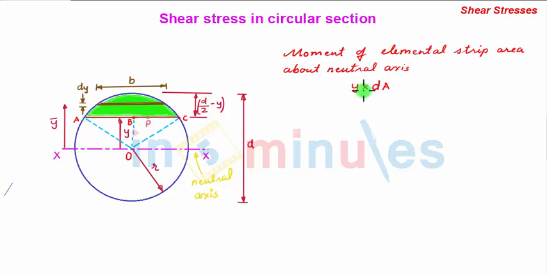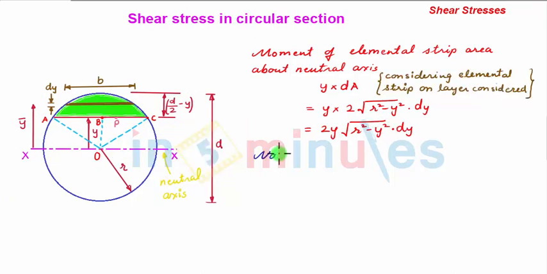So upon substituting the value of dA, we have y into 2 into square root of r square minus y square multiplied by dy. So this is equal to 2y into square root of r square minus y square into dy.